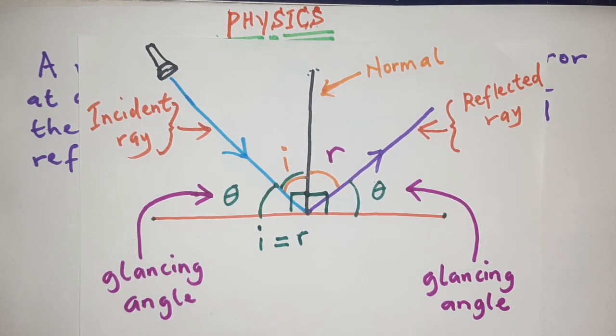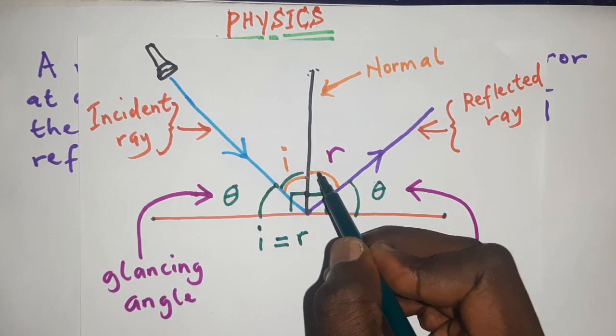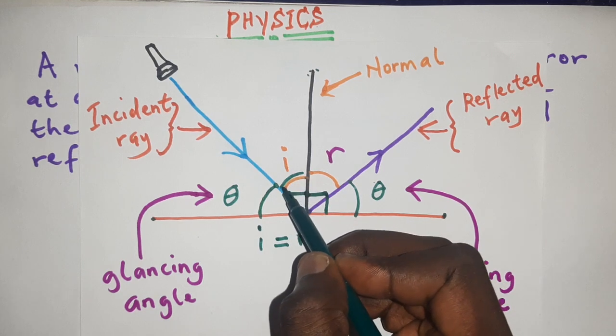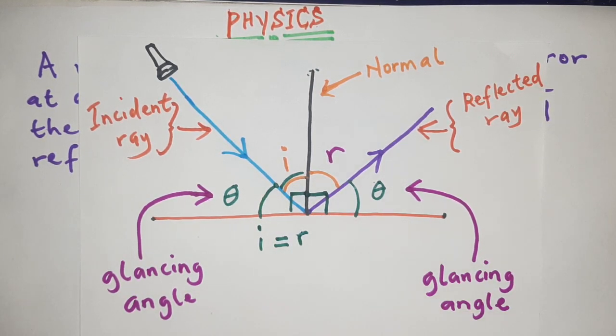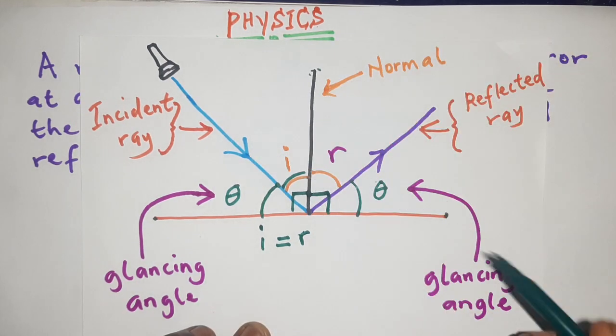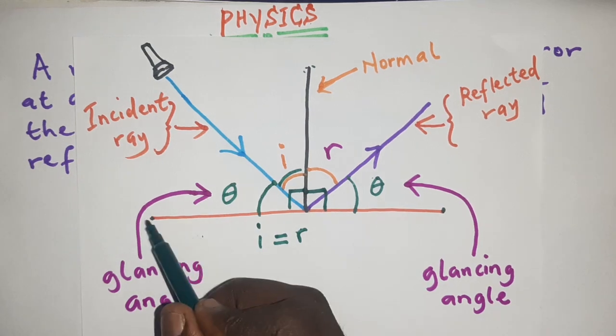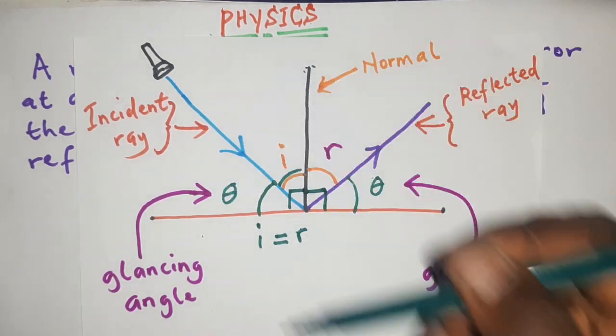And mind you, we know that this glancing angle, plus the angle of reflection, plus the angle of incidence, and this other glancing angle gives us 180 degrees, because we know that angles on a straight line sum up to 180 degrees. You have your straight line, and then you have 4 angles, 1, 2, 3, 4 on the straight line.